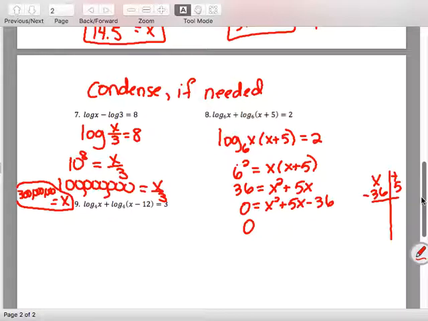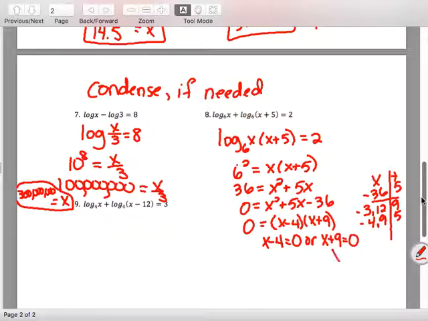I strongly recommend a little chart, especially for those of you still struggling with factoring. Just because negative 3 and 12 multiply to negative 36, it doesn't mean that's my magic pair. Negative 4 times 9, ooh, that'll do it. So here we go. This will be x minus 4, x plus 9. So you set x minus 4 equal to 0 or x plus 9 equal to 0.